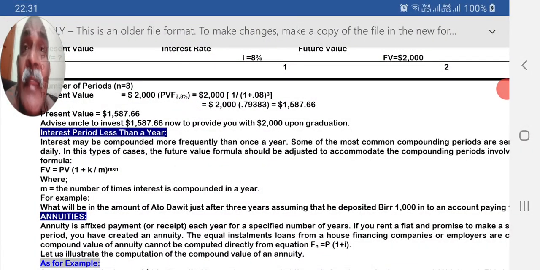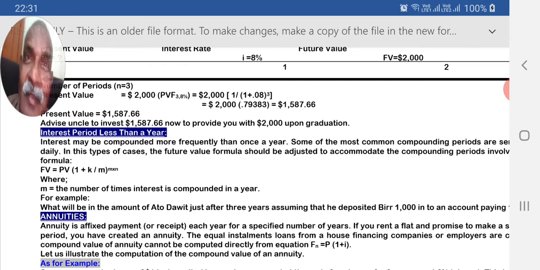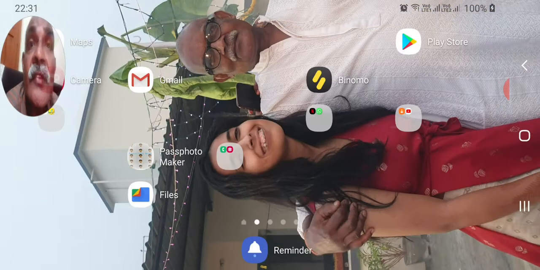If compounded annually, how many times will you get the interest? Only one time. But if the interest is not compounded annually but semi-annually, it means you will get interest 2 times.